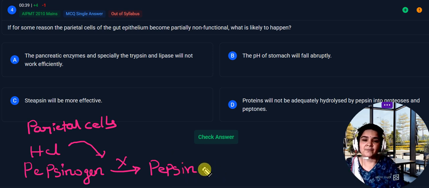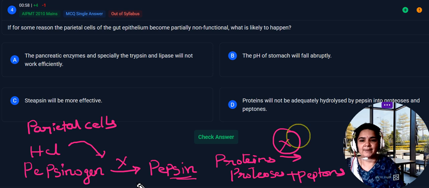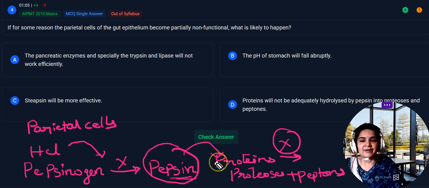If pepsin is not produced, then what happens? This pepsin is the proteolytic enzyme which converts proteins into proteoses and peptones. This reaction will not happen. So if the pepsinogen is not converted into pepsin, then pepsin will not be converting proteins into proteoses and peptones. Okay, so that reaction will be stopped.